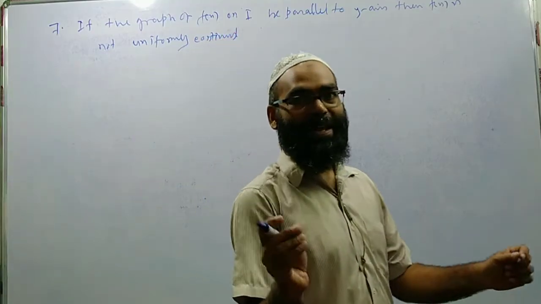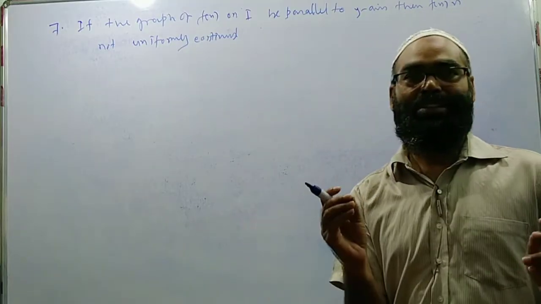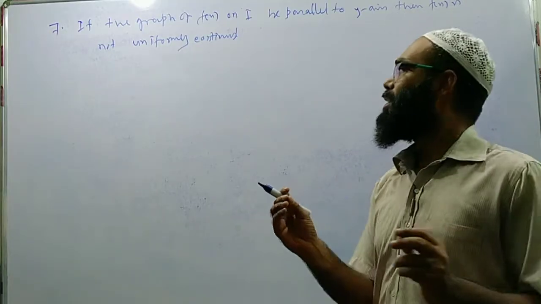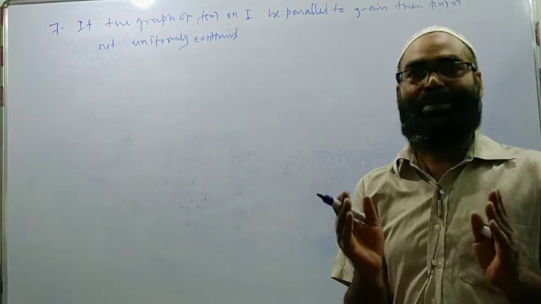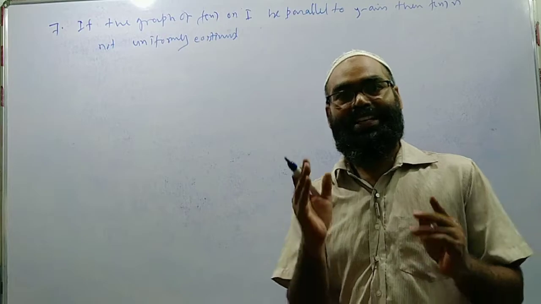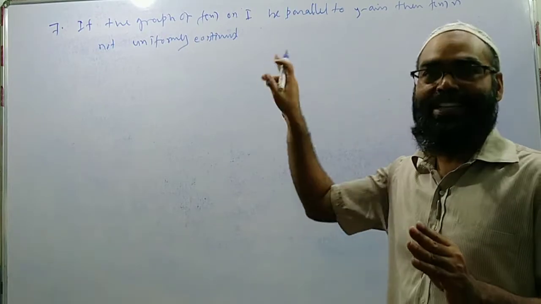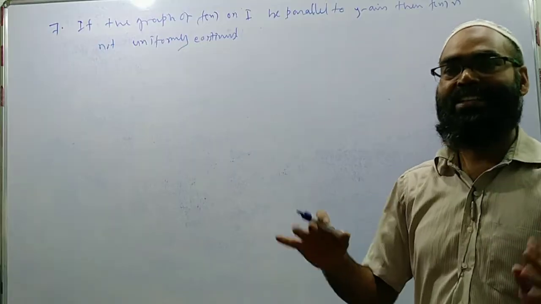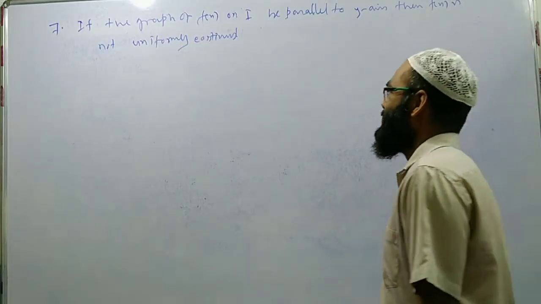So this is the graphical technique. In the graphical technique, if the graph of the function is parallel to the axis of y on the given interval I, then the function is not uniformly continuous. This is the graphical test.